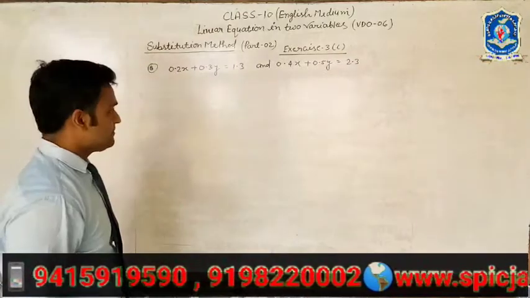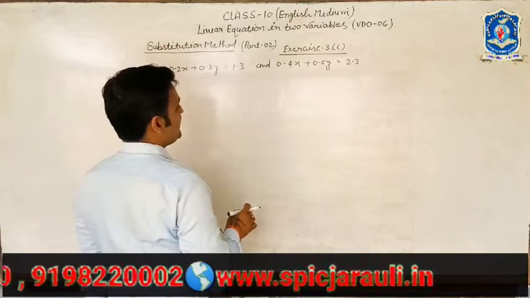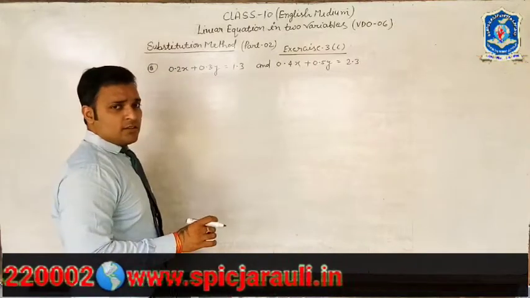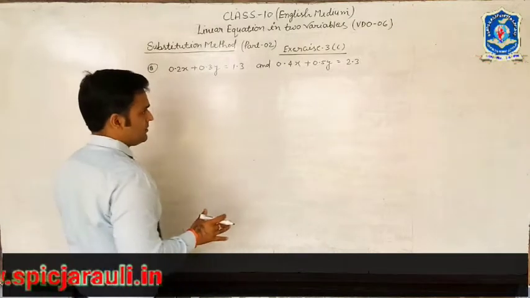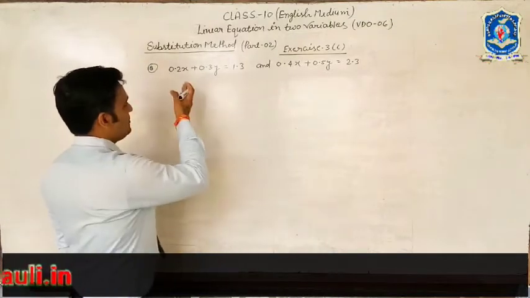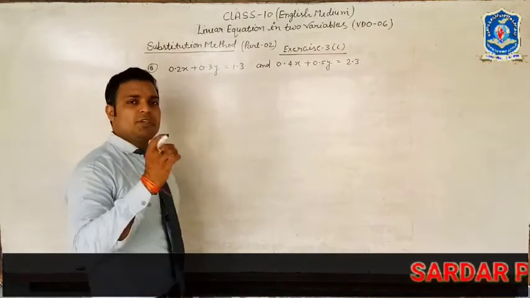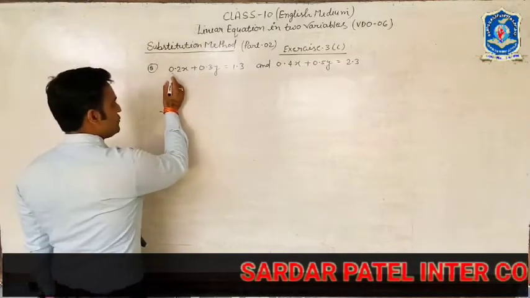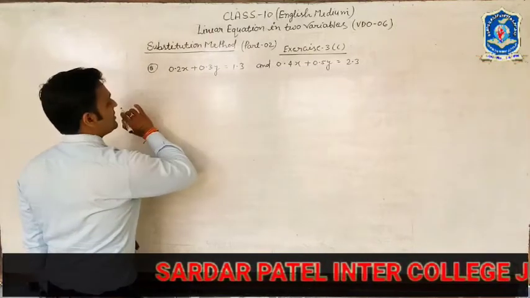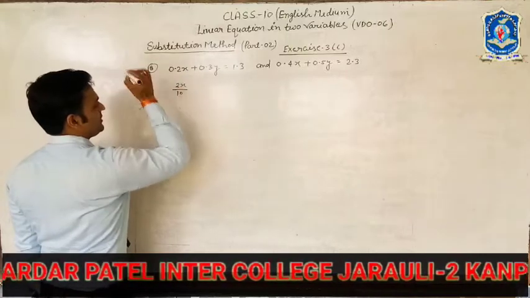Okay students, here is a decimal equation of linear equation in two variables, but there is no problem because we can change it into fractional form, in the form of p upon q. Then 0.2x changes into 2x upon 10.